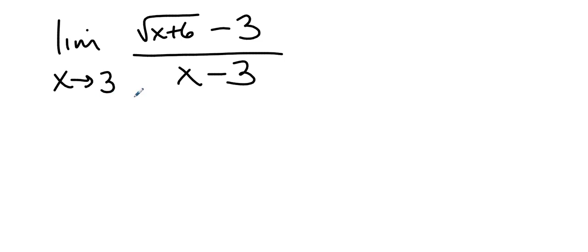If you were to substitute 3 here, the numerator goes to 0 and the denominator goes to 0. And so you're thinking, maybe some sort of weird algebra or factoring happens. Please promise me that you're not going to cancel out the minus 3's. You can't do that. Those are added terms, not multiplied terms. So you can't just lop off the minus 3's. That would make life easier, but it's wrong.